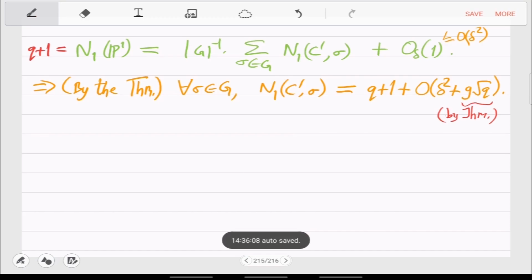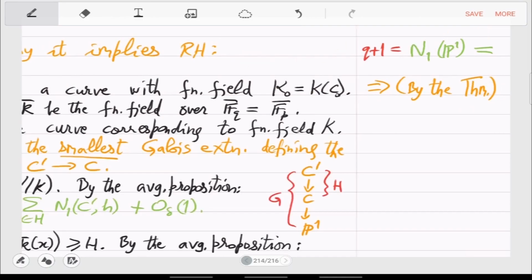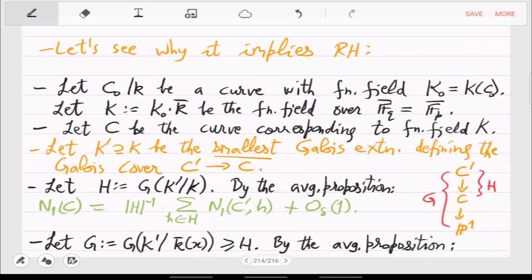So we get it for C prime and then you use the other one, this one, the second averaging. You substitute that here and you will get the value for N1C.